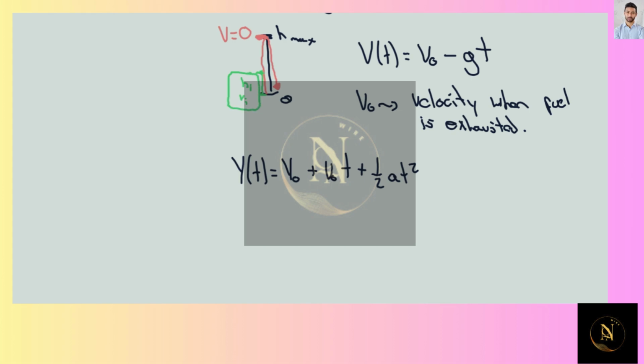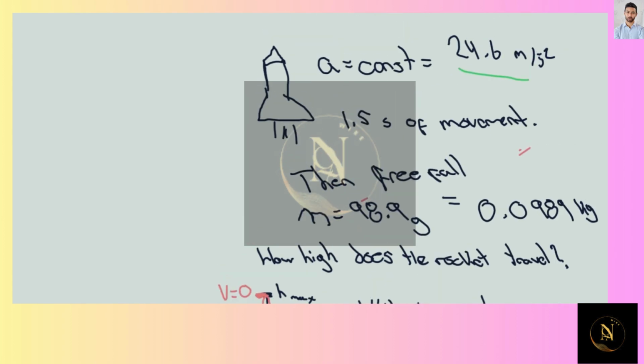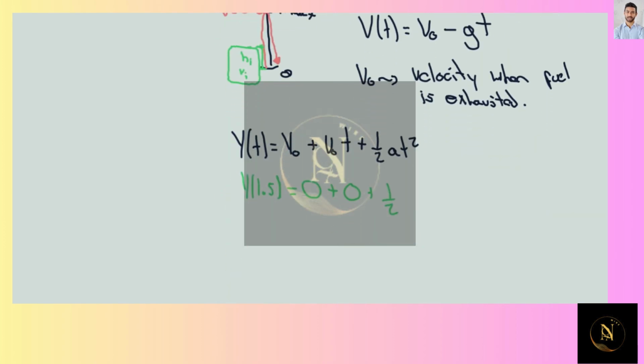What we are going to have is that the height after 1.5 seconds has passed is going to be equal to 0 plus the rocket started from a 0 initial velocity, and we're told that during this portion of the movement, the acceleration is constant at 24.6 meters per second squared. So we're going to have 1/2 of 24.6 meters per second squared multiplied by the time, which is 1.5 seconds squared.